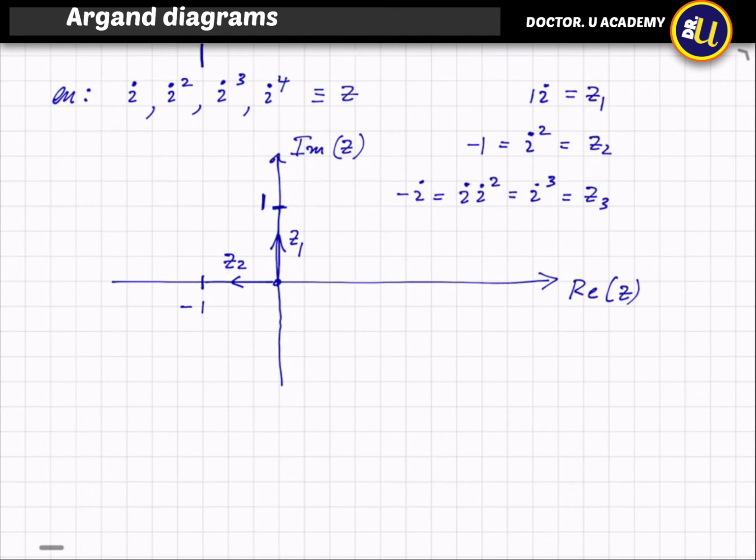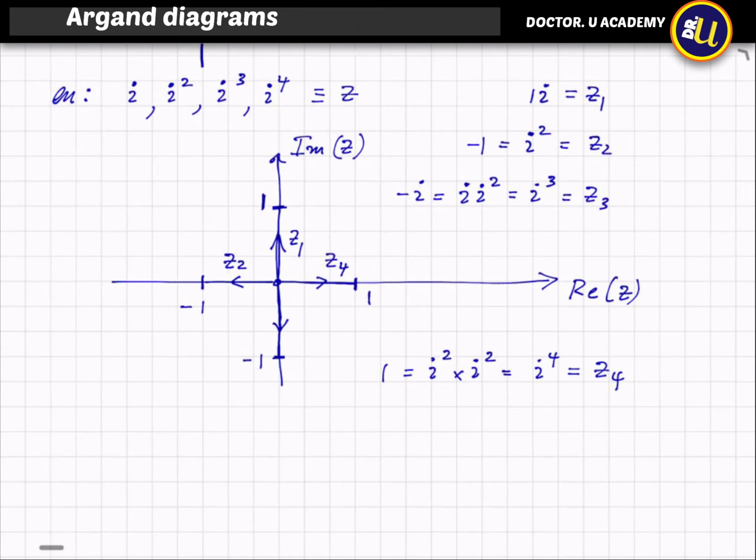Minus i should be on the imaginary axis, so it goes down here. Now z4 is i to the power 4, that is i squared times i squared, so it's going to be 1, and it's going to be here. This is z4.